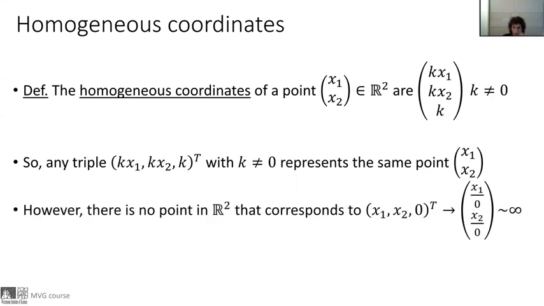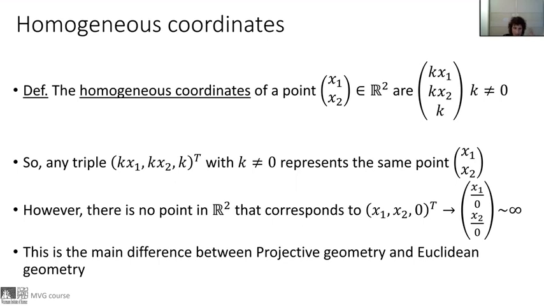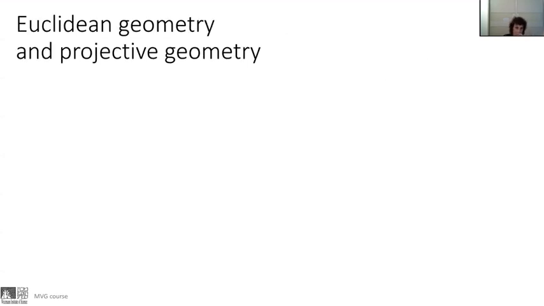So there are points that do not correspond to any point in R2, like (x1, x2, 0), because if I divide x1 and x2 by 0, I get something which is infinity. It's not included in R2. And actually, this is the main difference between projective geometry and Euclidean geometry: the inclusion of points at infinity.